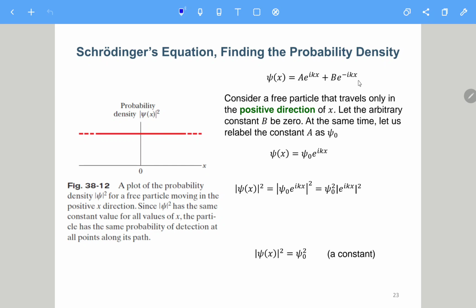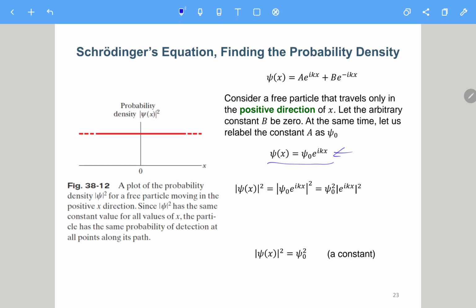So let's say this is the wave function we just solved, and for simplicity we only consider the positive one. This is propagating in the positive x-axis, because it can either propagate in the positive x-axis or the negative x-axis. But yeah, for simplicity we only consider the positive one.